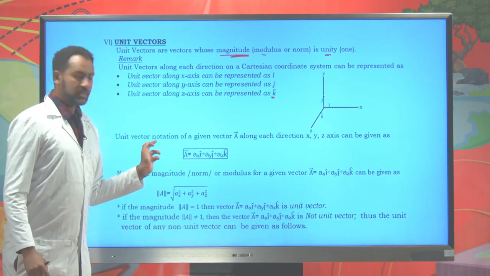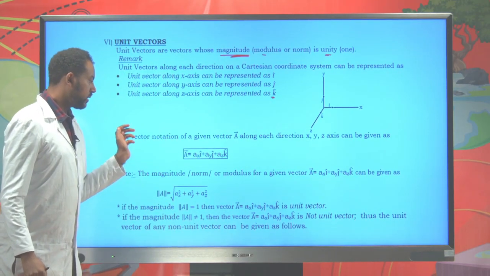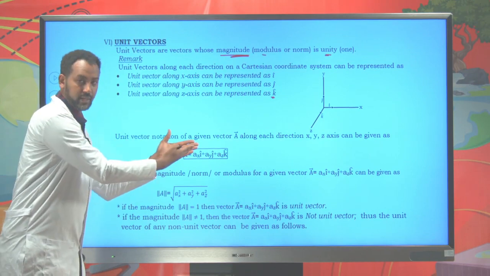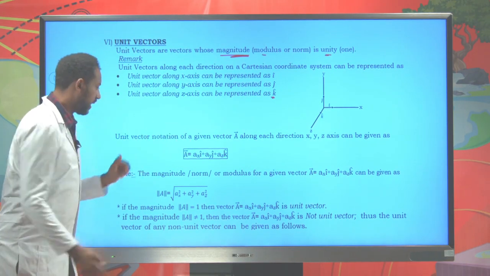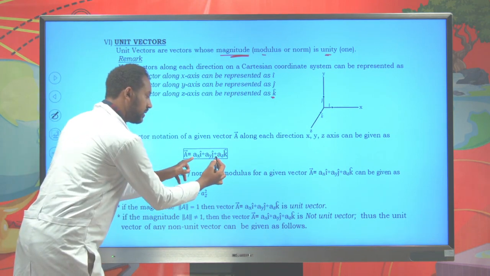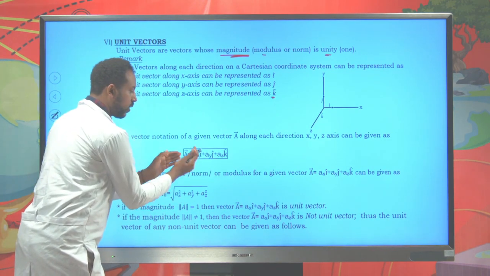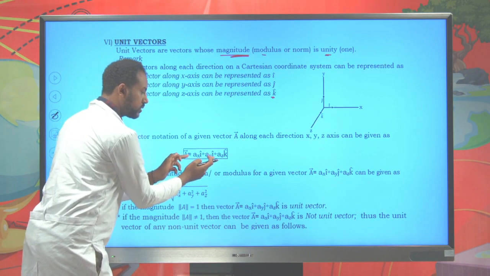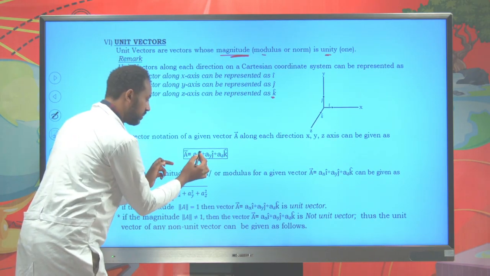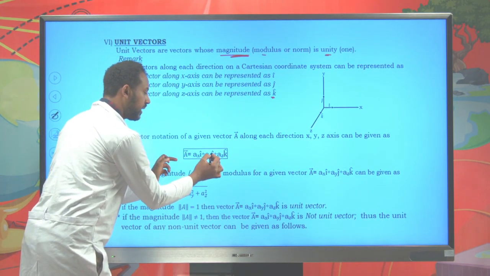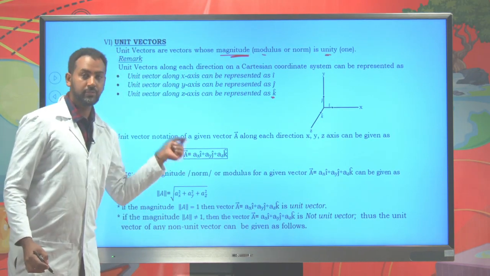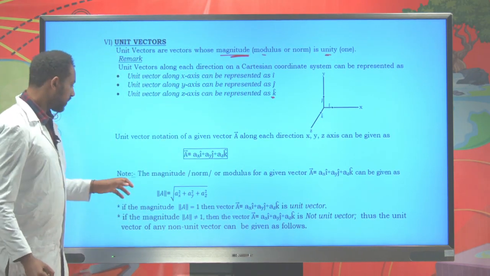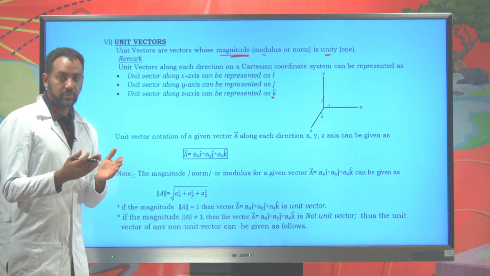Here, how do we represent the unit vector? Suppose you have vector A, and it's possible to represent it using i, j, and k: ax in the i, ay in the j, plus az in the k, meaning the components of this vector along x, along y, and along z can be represented using i hat, j hat, and k hat. This is what we call the unit vector notation form. How do we determine the magnitude of this?